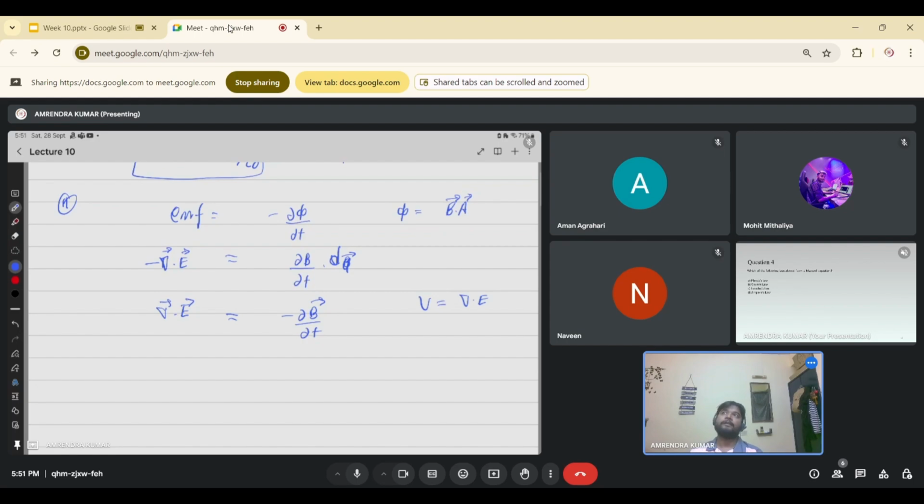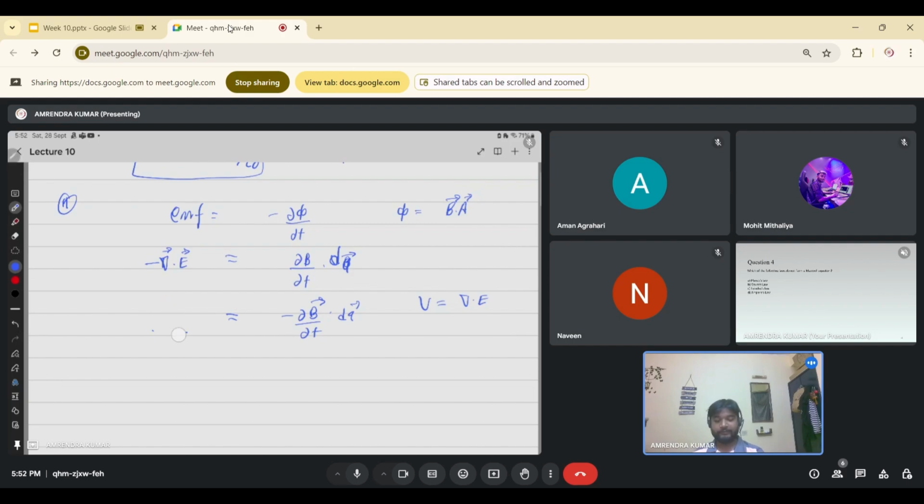Okay, so this was B dot dA. In general, what will happen if you calculate this?